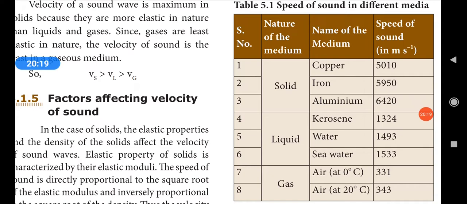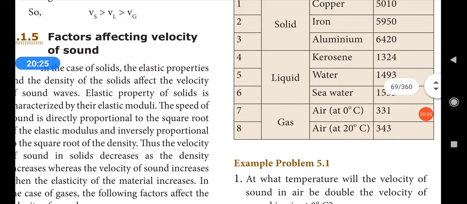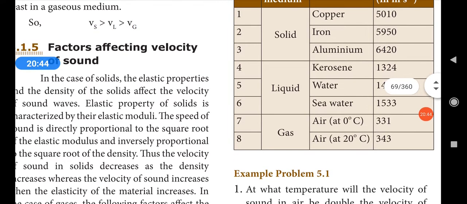That means in aluminium, sound can travel much faster. Then when we consider liquid, in kerosene 1324 meter per second, in water 1493, and then in sea water 1533 meter per second. Okay. Then in sea water sound can travel much faster.